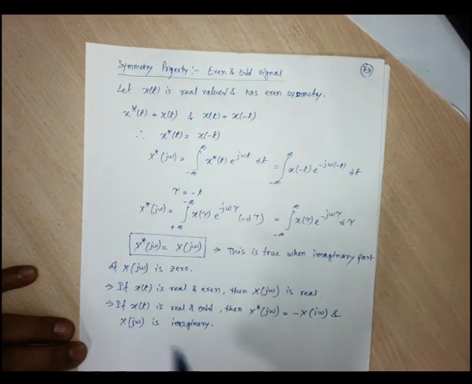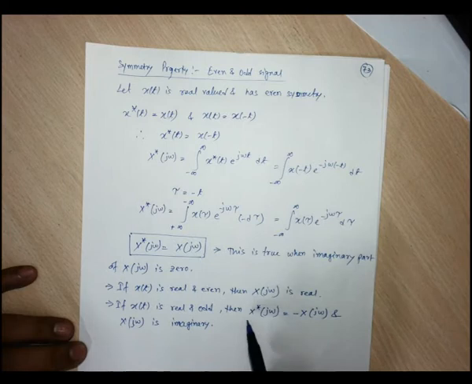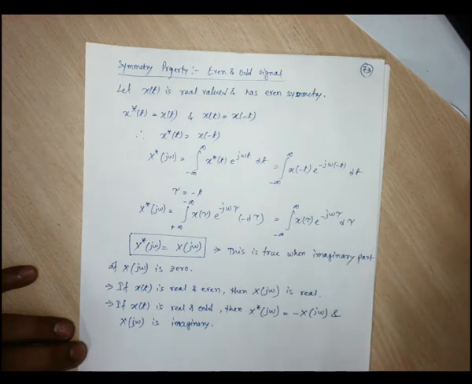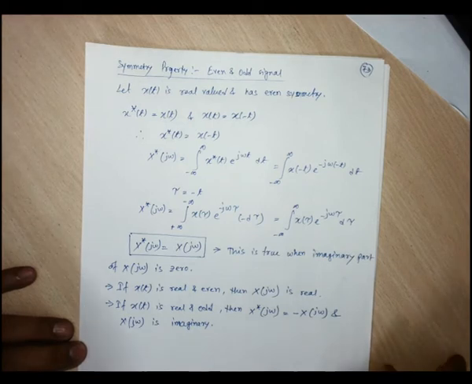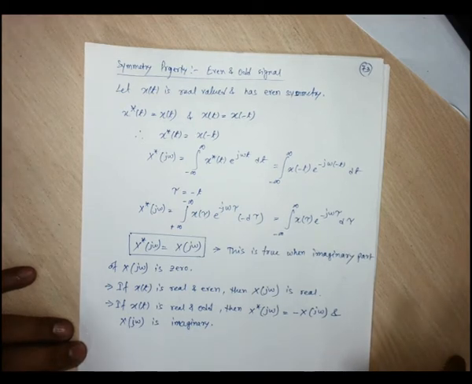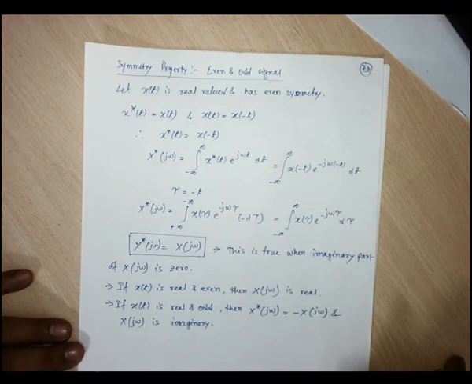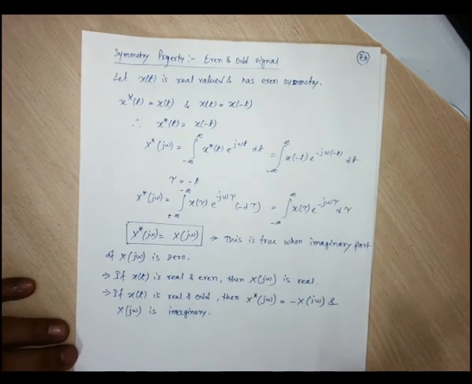Now if our x(t) is real and odd, then the conjugate of x of j omega will result in minus of x of j omega, and our x of j omega will become imaginary. Clear? Any doubt up to this? Any doubt?